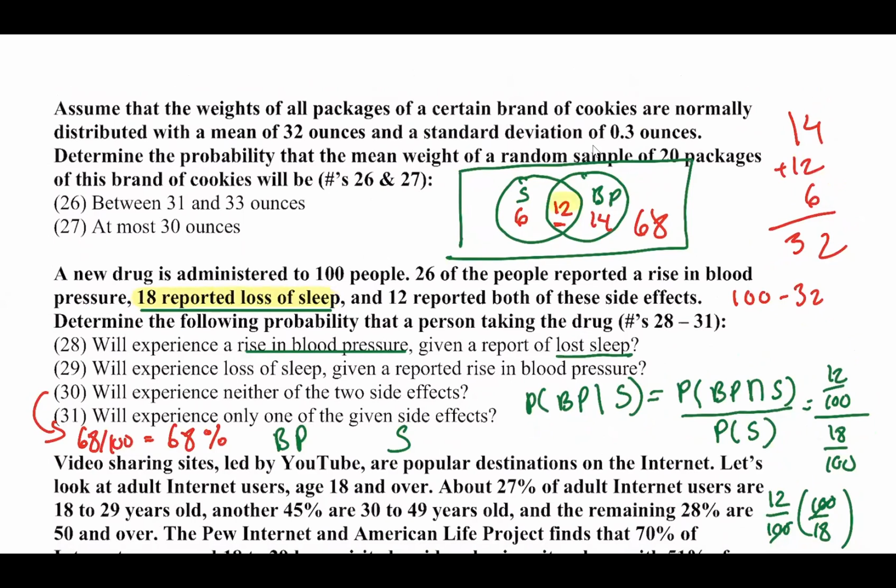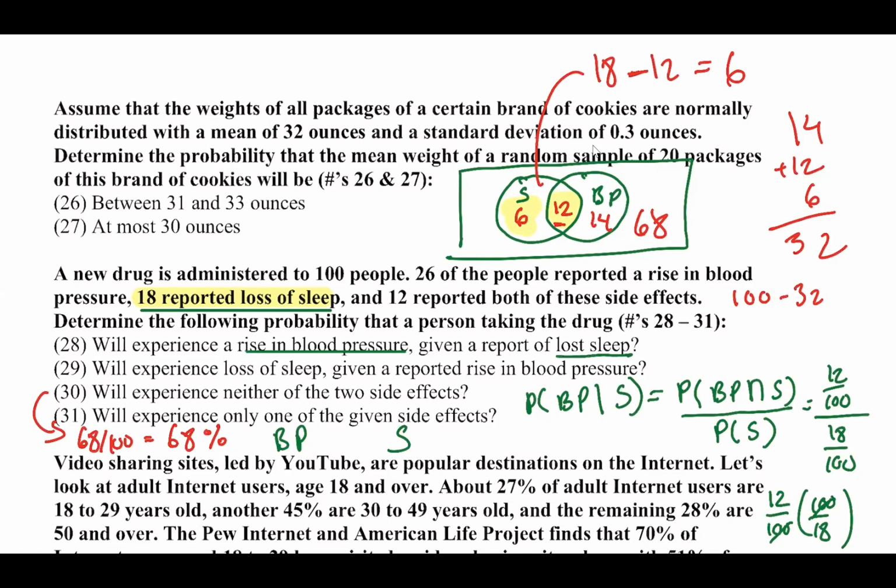So if you have 12 people right here who suffer from sleep loss and high blood pressure, that means we have 6 people who only suffer from sleep loss, because for this one, you have to do the 18 that suffer from sleep loss and subtract 12. If you do 18 minus 12, you get 6. So that's where the 6 comes from.